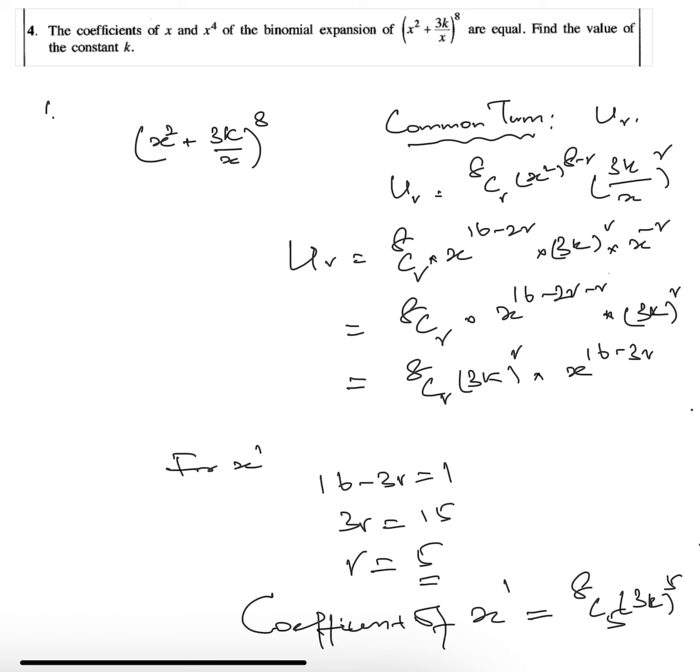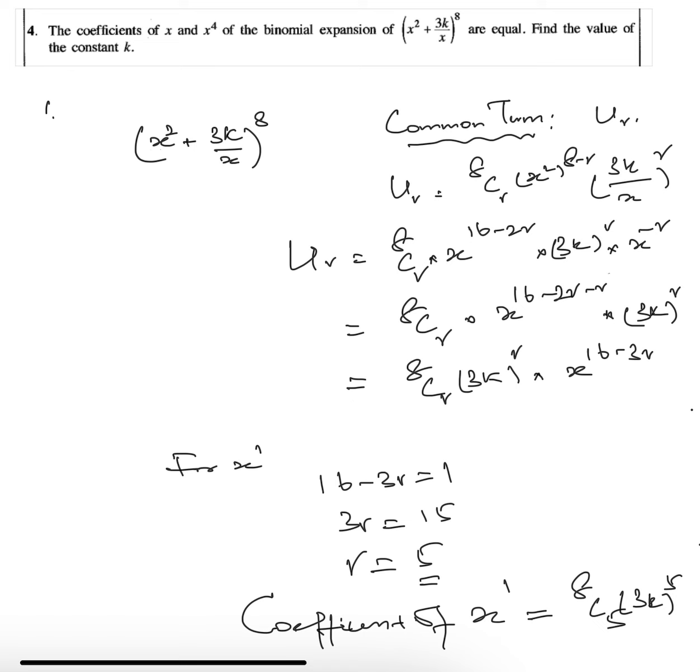That's just a normal property of binomial expansion, for the common term of r. The r could be anything between 1 to 8, or 0 to 8, but for 0 it's x to the power of 0, so we don't need that.